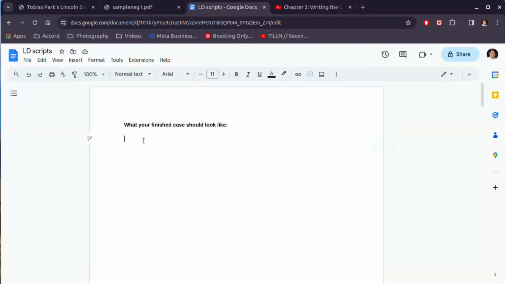So the first thing, obviously, that you'll want in your case is an introduction. And the introduction can be a variety of things. I tend to go with either an analogy or a quote. So either an analogy, where you take the main idea of your case and make some sort of analogy to lead into that idea, or you have a quote from some famous person that's basically summarizing the main idea in your case.